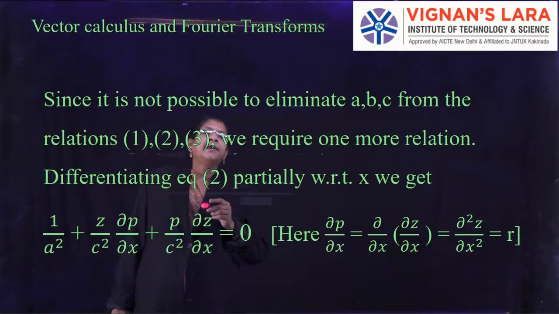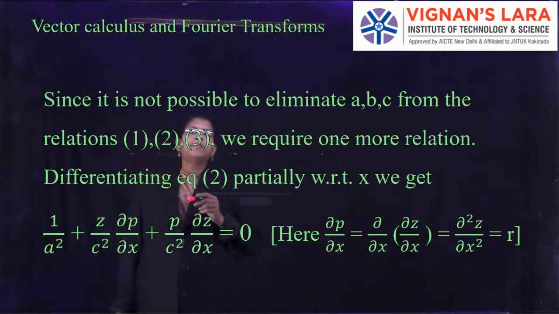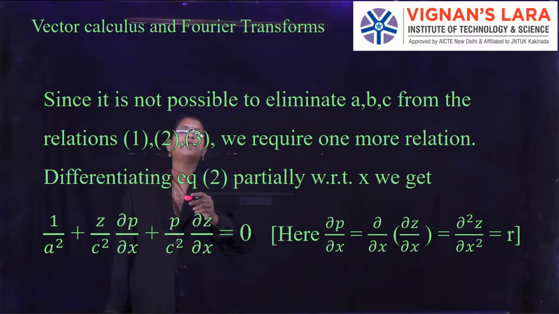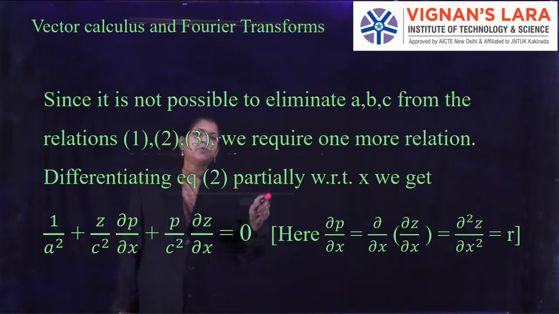To eliminate 3 arbitrary constants, we require 4 relations. But here we are having only 3 relations. So we need one more relation. How will you get the fourth relation? Differentiate equation 2 partially with respect to x.